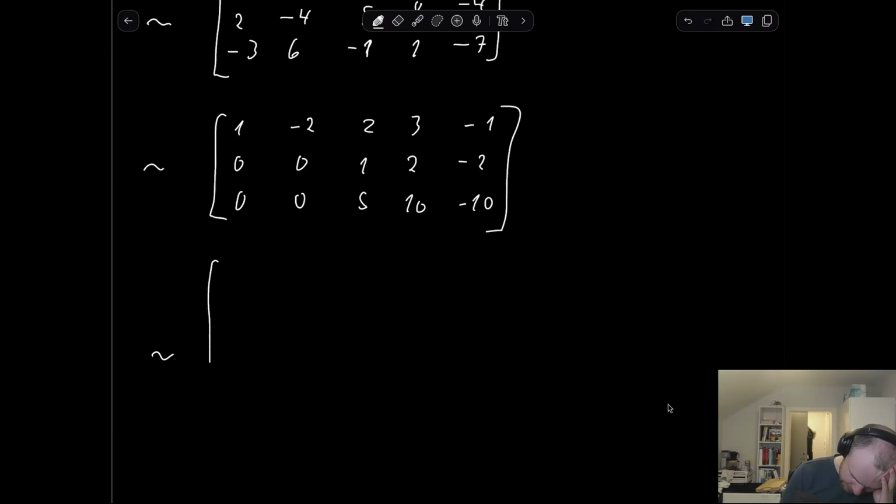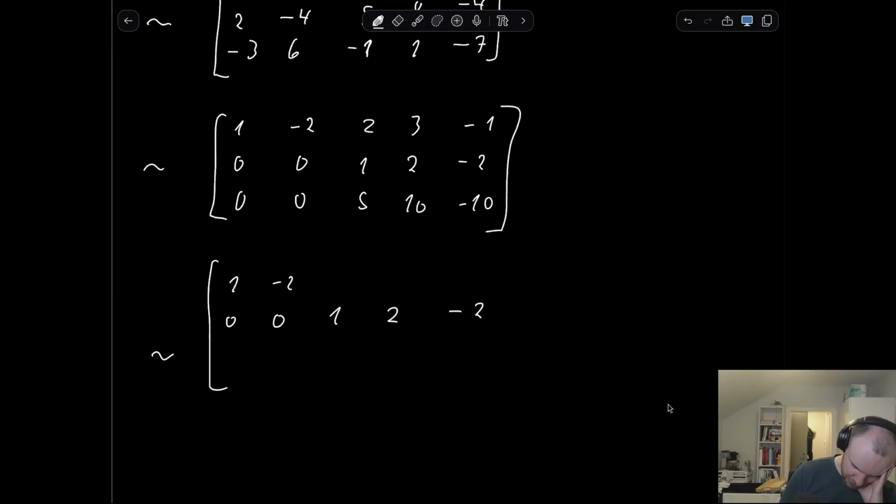Okay, pretty neat. Now what we can do is use the middle one and get rid of that bottom one, right? And the top one. So the middle one is 0, 0, 1, 2, and then minus 2. Okay, so 0 and 0. 1, minus 2.